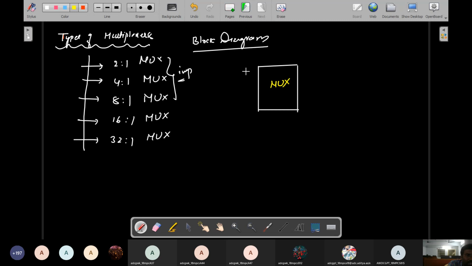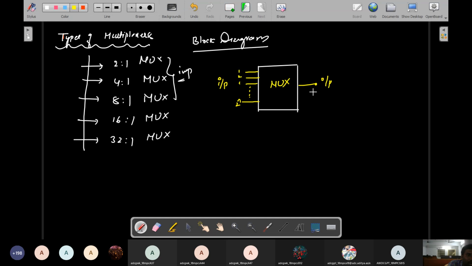This is input 1, input 2, input 3, and so on, up to 2 power n inputs. We will finally collect only one output. This is the output, and these are the inputs. So the multiplexer contains many inputs, but we collect only one output.